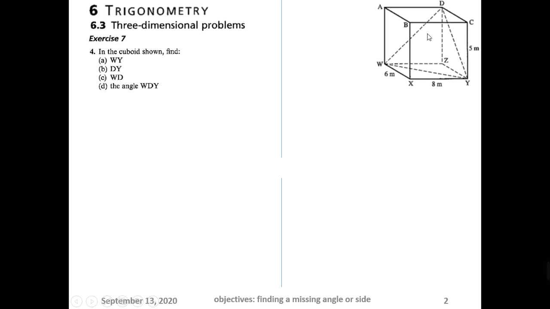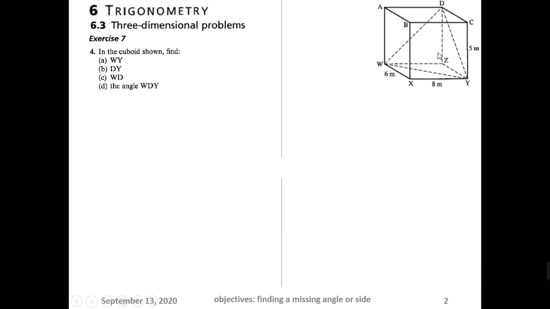And WD, I must take the back face or the back side, which is WADZ, in order for me to calculate WD. And at last, they want angle WDY. So I must take this part here. Let's tackle the problem step by step.